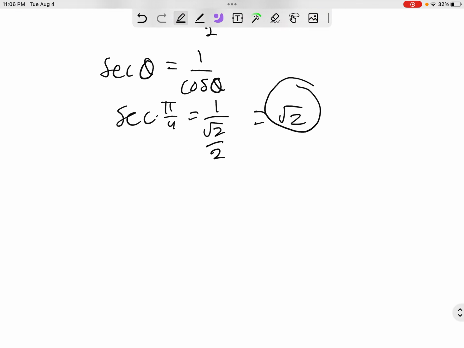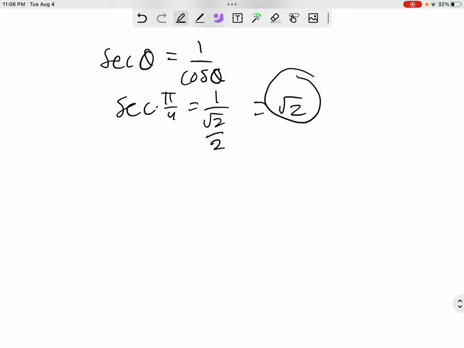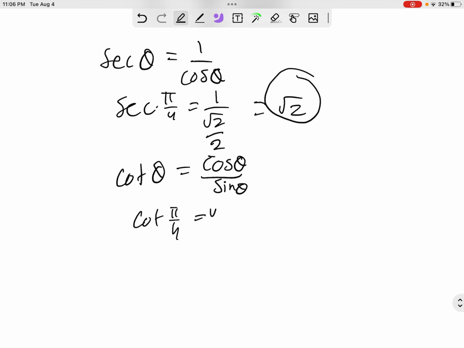Then for the next one, we're going to use the cotangent formula, which is cot theta equals cos theta over sine theta. So cot of pi over 4 equals root 2 over 2 over root 2 over 2, which is equal to 1.